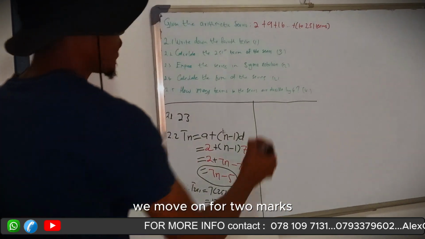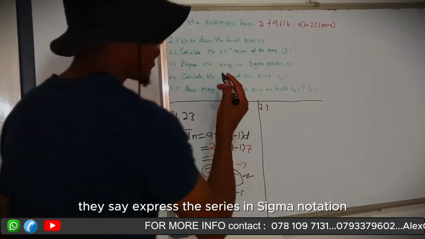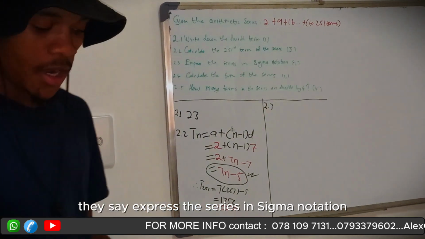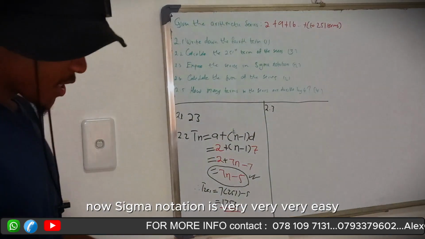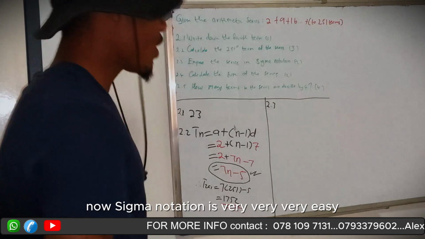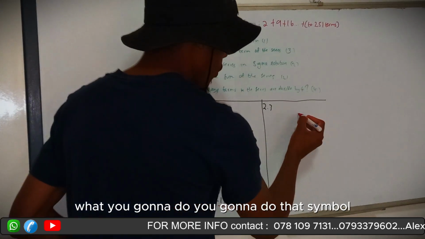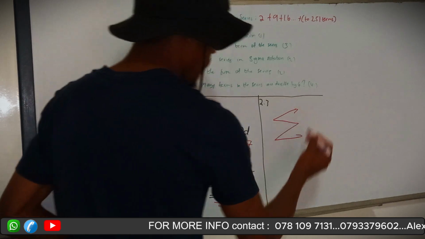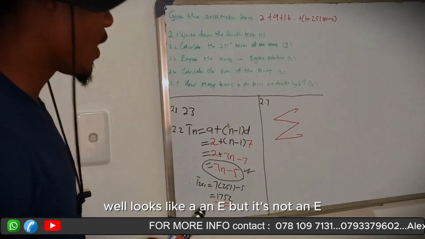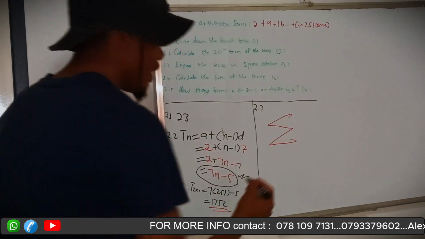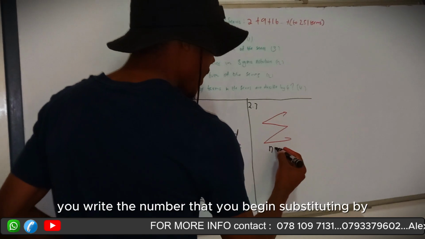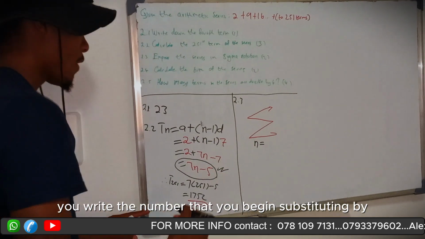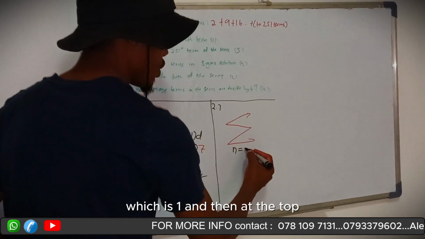For 2 marks, they say express the series in sigma notation. Now, sigma notation is very, very, very easy. What you're going to do is draw that symbol. Well, it looks like an E, but it's not an E. And then at the bottom, you write the number that you begin substituting by, which is 1.